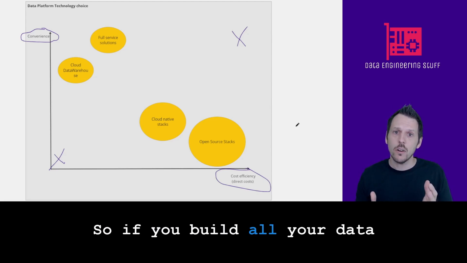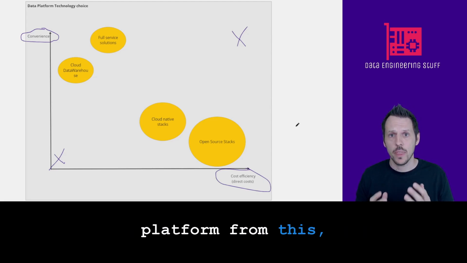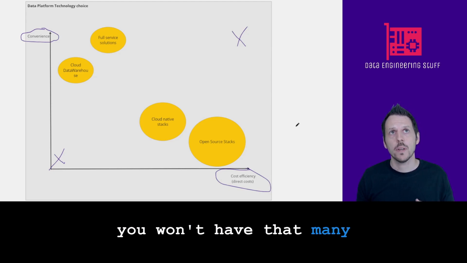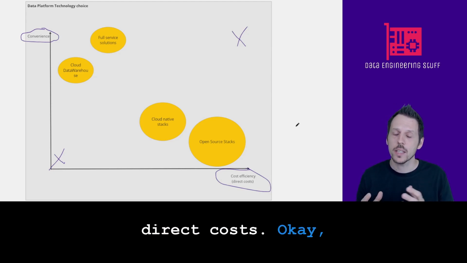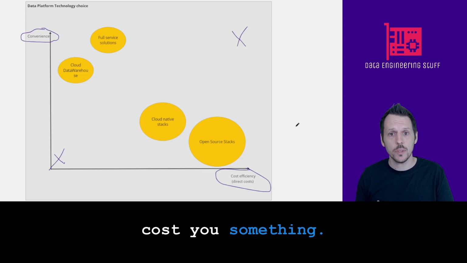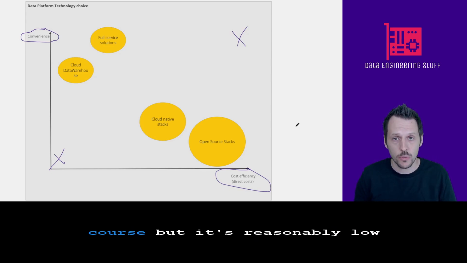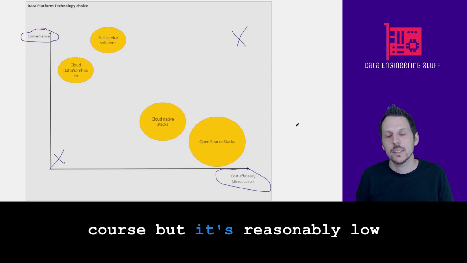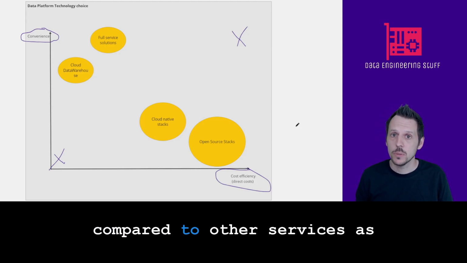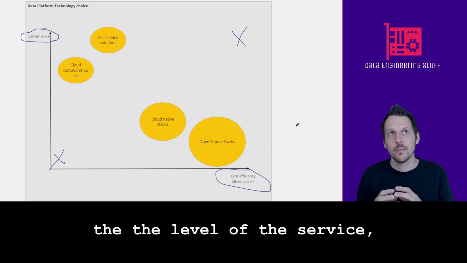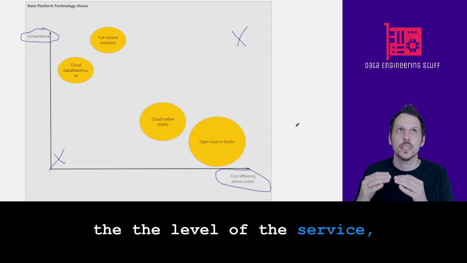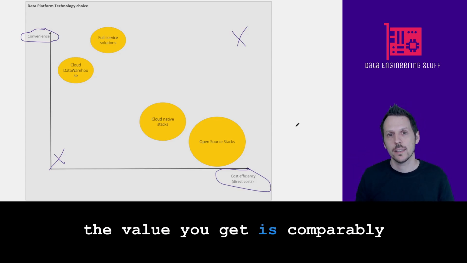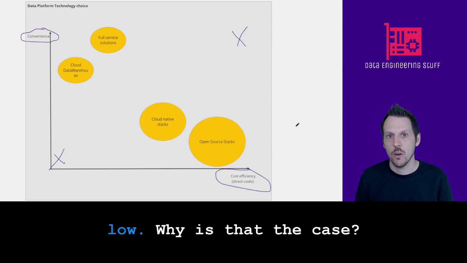So if you build all your data platform from this, you won't have that many direct costs. Okay, the infrastructure will cost you something. It needs to run somewhere, of course, but it's reasonably low compared to other services, as the level of the service or the value you get is comparably low.